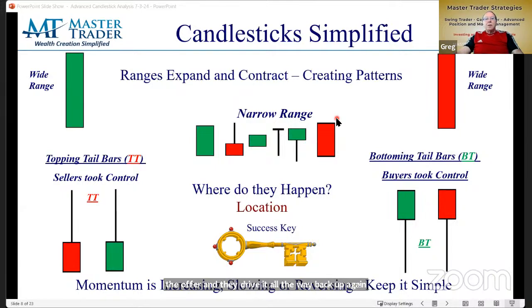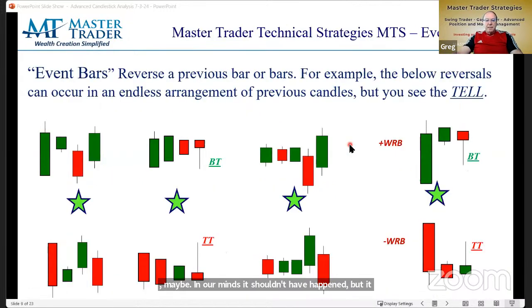This is what we want to look for. So when we talk about advanced candlesticks, we're looking for these little shakeouts, these points in time where something happened that was a shock. Maybe in our minds it shouldn't have happened, but it happened. But that's new information that is going to help us tremendously.